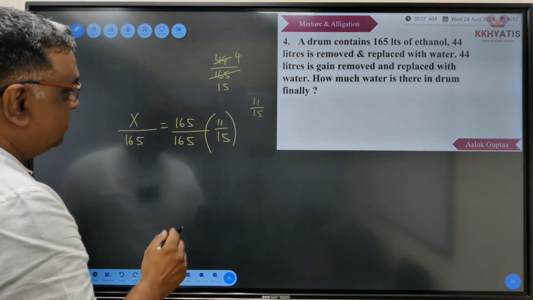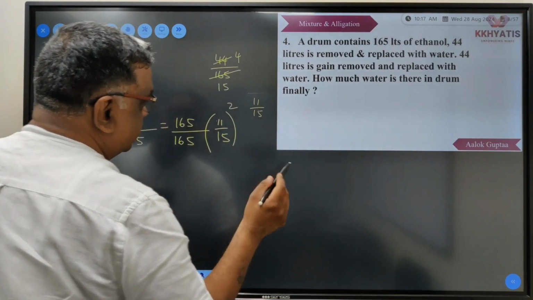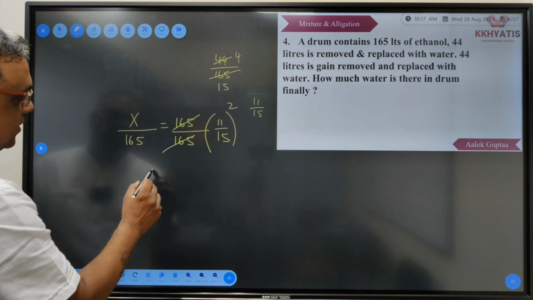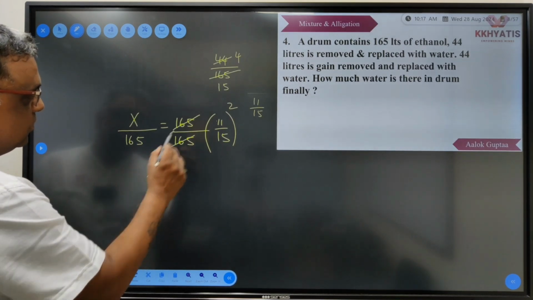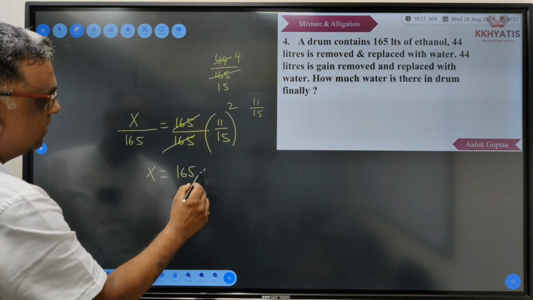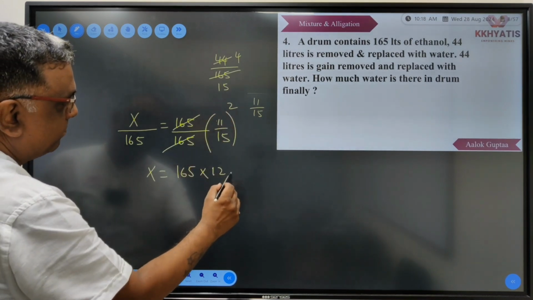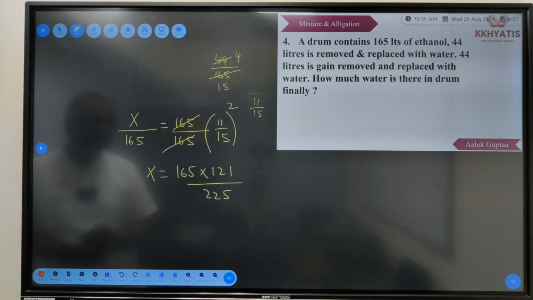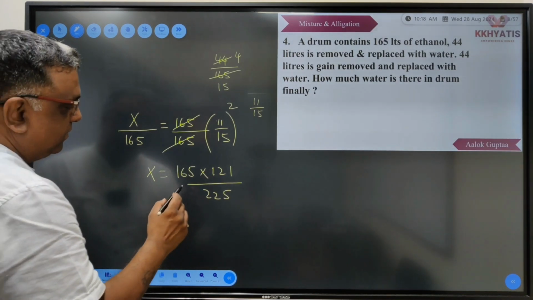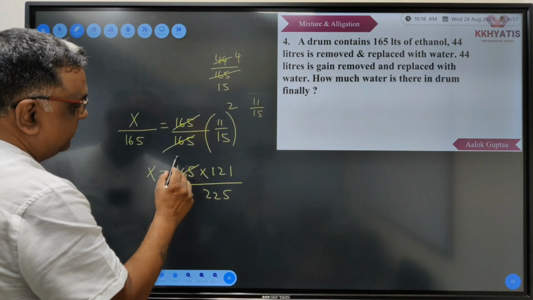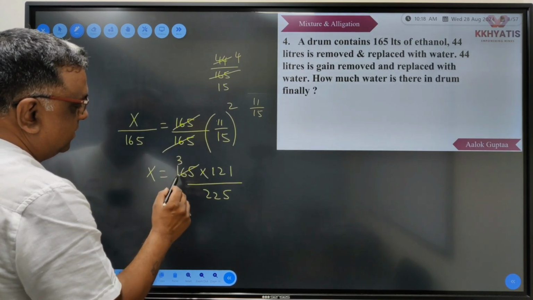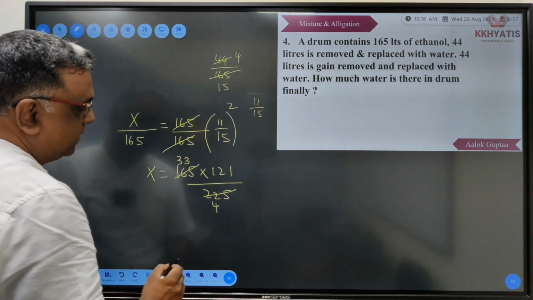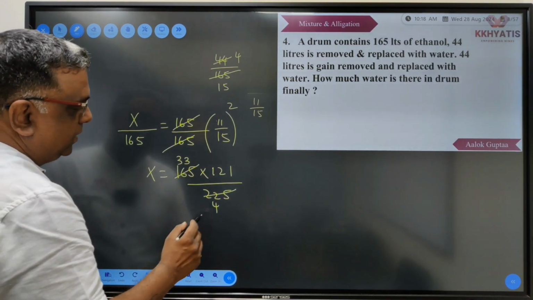And this process is conducted 2 times. So this will get cancelled from this. So X will become, this will go there, 165 into 121 upon 225. So let's try to divide this by 5. 5 threes are 15, 5 threes are 15, 5 fours are 20.